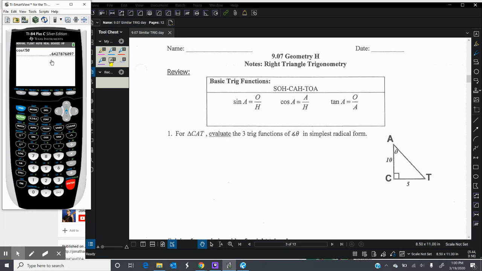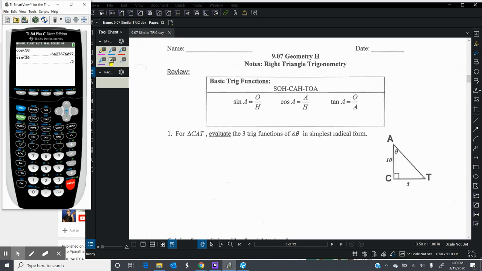So cosine of 50 is 0.6427. If I typed in sine of 30, we actually find it to be perfect, 0.5. So sine of a 30-degree angle, we're going to find out, is half, or 1 over 2. So those are ratios. How we use them is to calculate sides and angles in a right triangle.